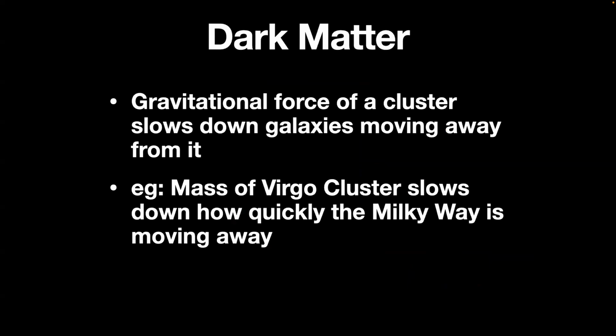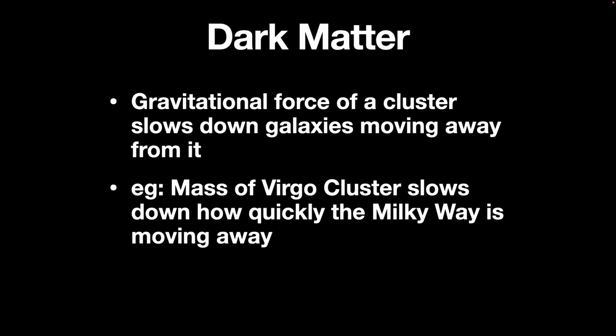There are other ways too to measure dark matter. First, we can measure how much the gravitational force from a cluster is slowing down how fast other galaxies are moving away from it. For example, the Milky Way and other local group galaxies are lying on the outskirts of what's called the Virgo supercluster.